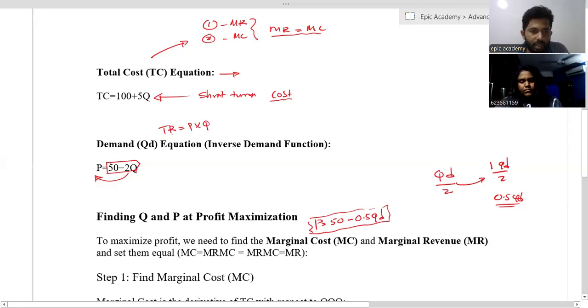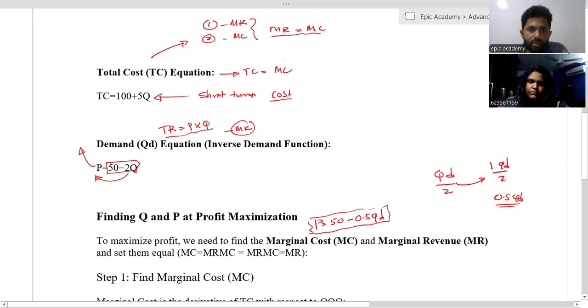Yes. So then this equation will be valuable to find the total revenue and the marginal revenue, isn't it? Yes. So in here, the total cost curve will be helpful to find the marginal cost.